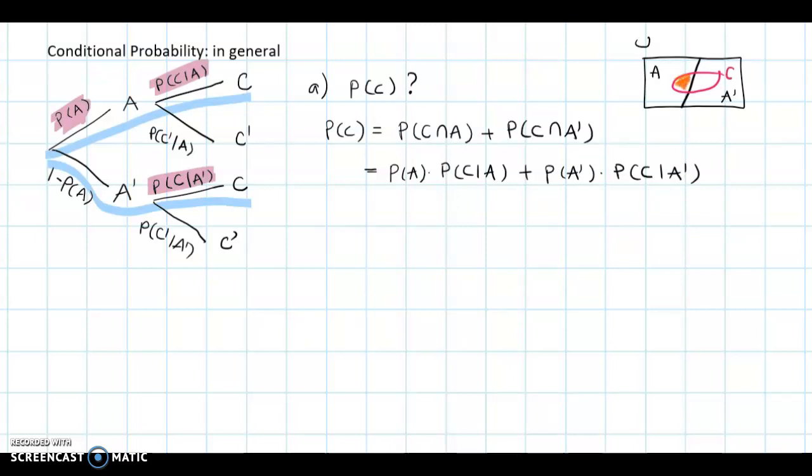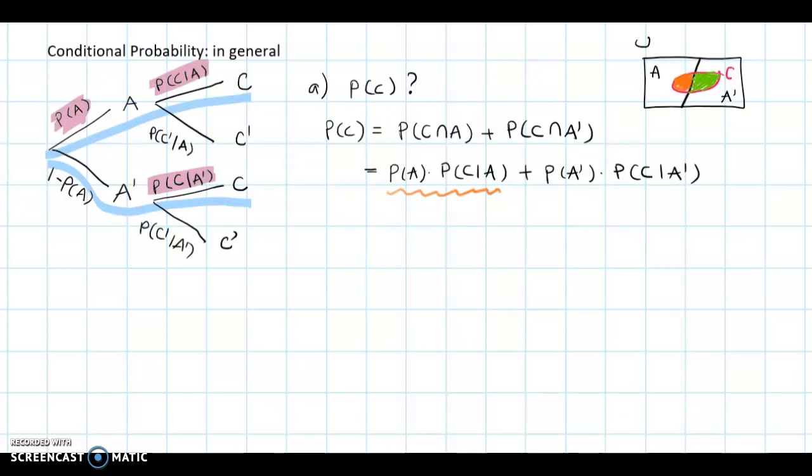This will be the orange part over here. That's the first branch, and that's what we found here, multiplying the probability of A and the probability of C given A. Or we can have this green part over here, which is the second branch and is the second term in the sum. This is another way of looking at this.